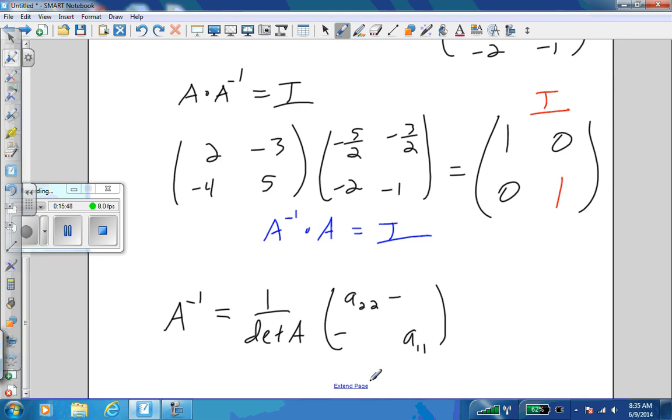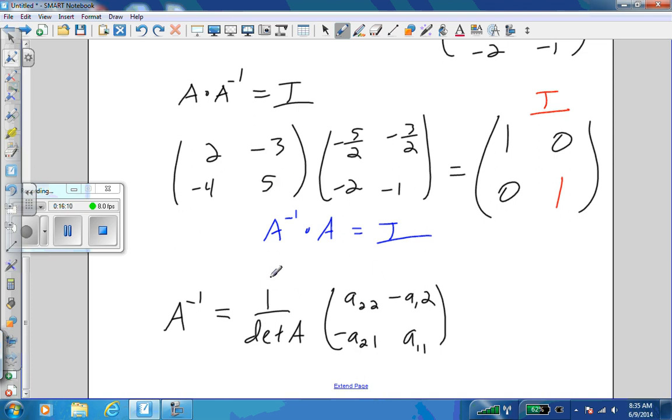On these, we take the opposite signs, but they stay in the same place. This is still row 1, column 2, still row 2, column 1, but we take the opposite signs of those.